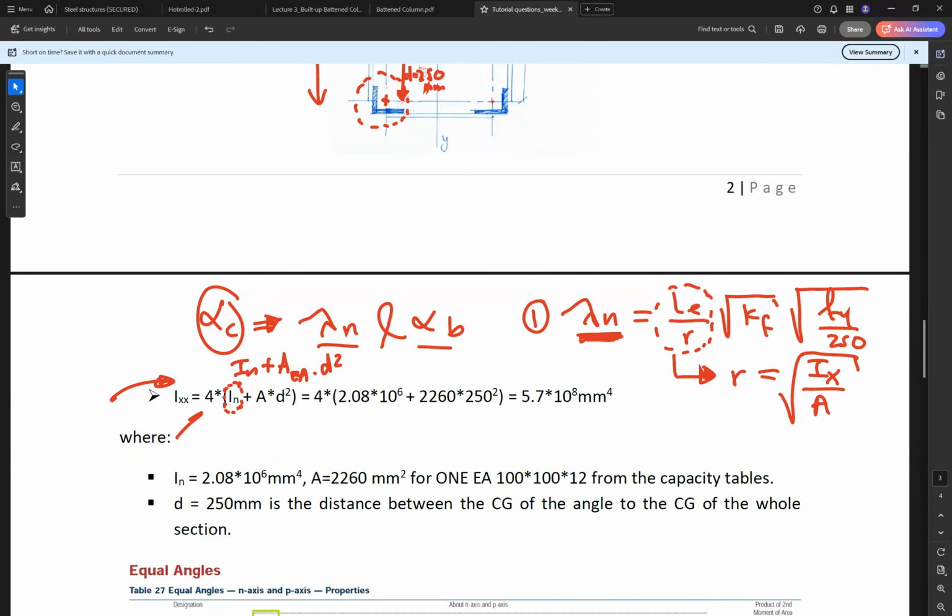This formula comes from the general formula of I about the x-axis equal to the inertia about the local axis plus area times d squared. Because we have four angles, this is 4 here.